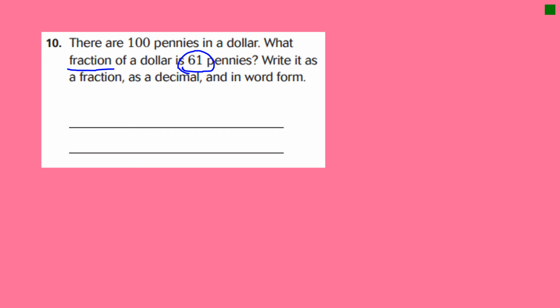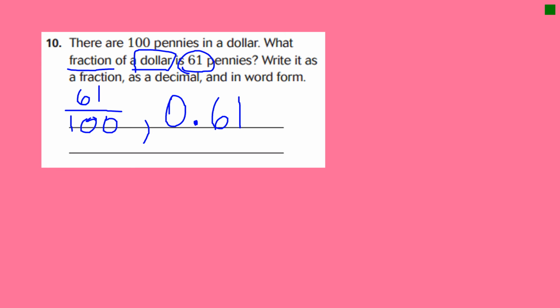Well, that would be 61 pennies out of how many pennies that make $1? 100 pennies make $1, right? 61 hundredths.